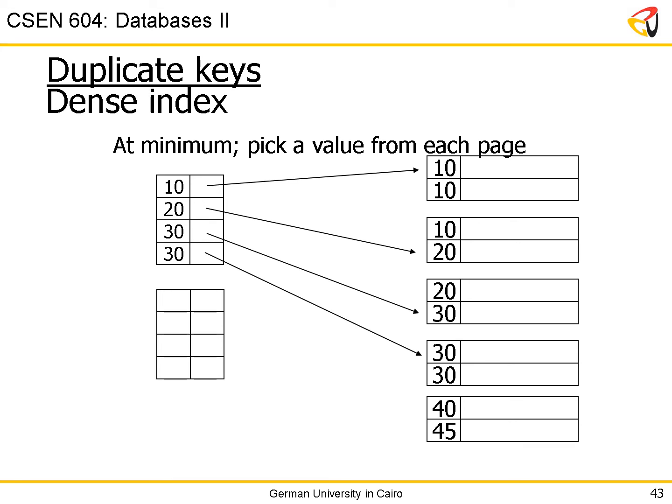And obviously my code that will do the insert, select and delete has to change, because if I'm inserting another 30, I have to find where to insert it, and it has to be anywhere between the first 30 all the way till before the 40, wherever you have space. Anywhere in those pages is okay.